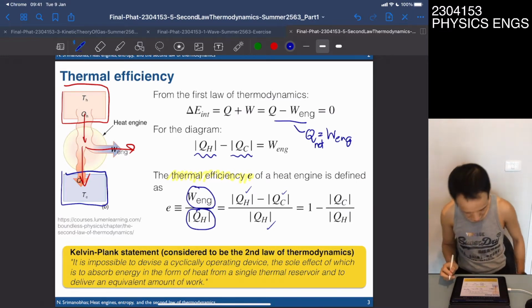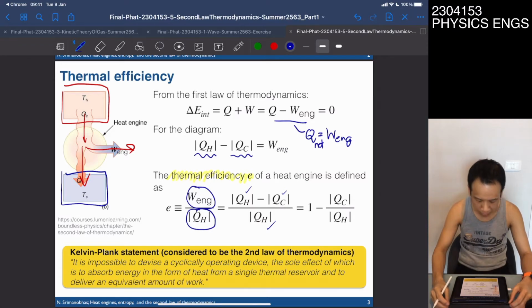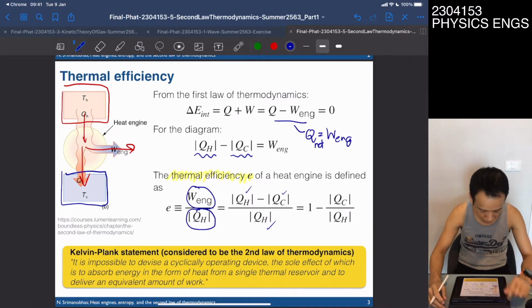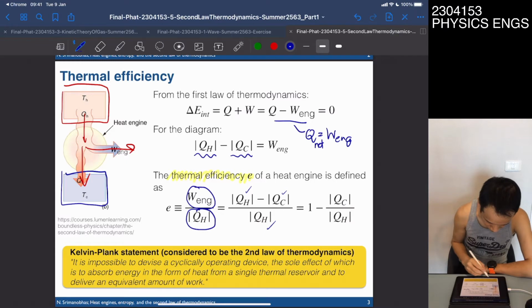So this is the Kelvin-Planck statement. This is also considered to be the second law of thermodynamics in a way. It says that it is impossible to devise a cyclically operating device, the sole effect of which is to absorb energy in the form of heat from a single thermal reservoir and to deliver an equivalent amount of work. So it is impossible to have a device that absorbs energy as heat from a single reservoir and delivers an equivalent amount of work.